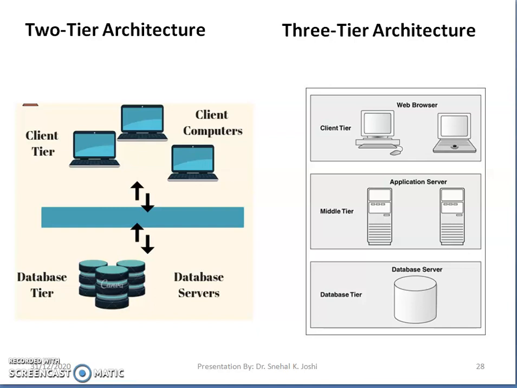We will talk about two-tier architecture and three-tier architecture in our next lecture in detail. We conclude our session with this, and we'll meet again in our next lecture and talk about two-tier architecture and three-tier architecture, their differences, how they work and how they manage the data in detail.